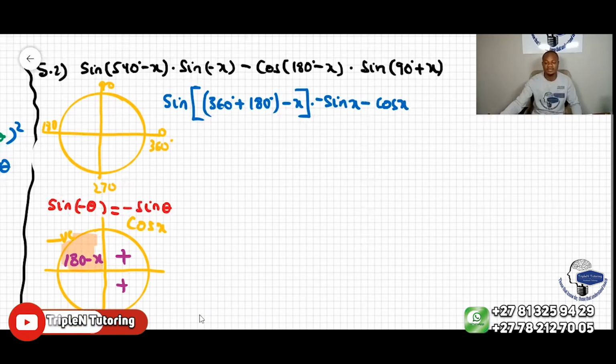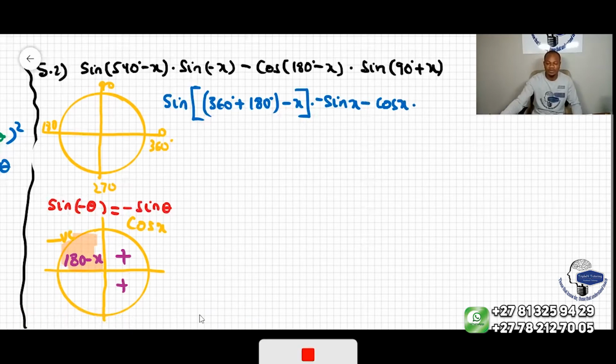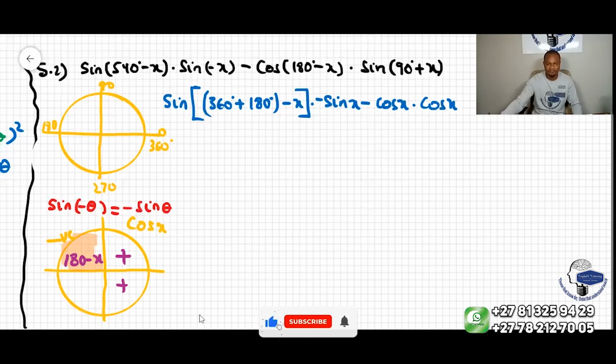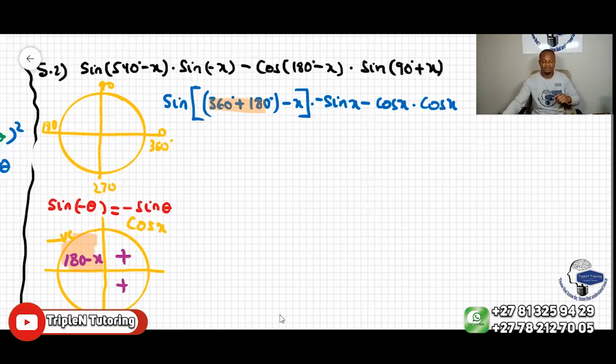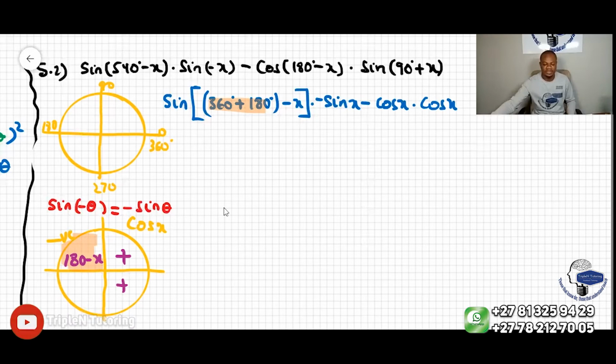Now, sine of (90 degrees plus x) is equivalent to cos of x. Then we can work it out. Here we can already reduce the angle 360 plus 180: 360 is a full revolution, plus 180, so we can reduce it to 180.